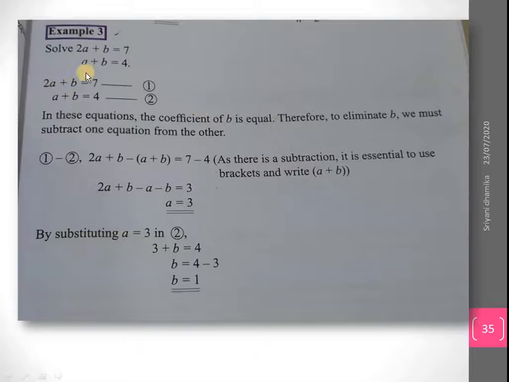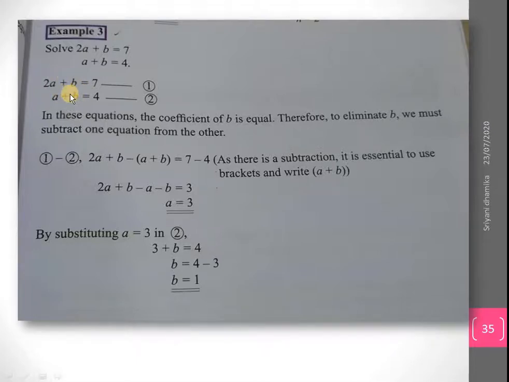Before, we had one unknown negative and positive in the previous simultaneous equations. Now here positive b, here positive b, but the coefficients of a are not equal, different coefficients, here 2, here positive 1. So we have to eliminate the term with equal coefficient.